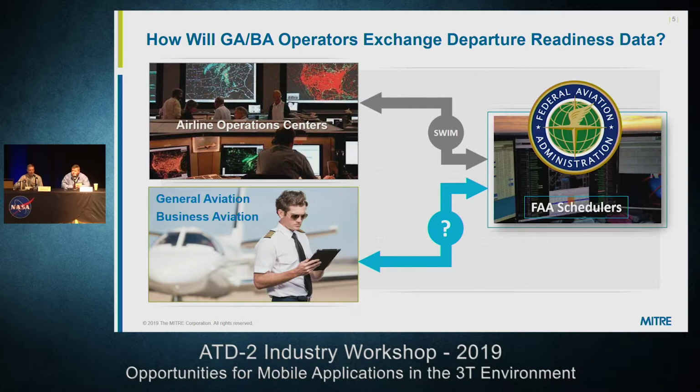Right now, the airlines are using their operation centers and are connecting to SWIM to send this information to the FAA, or in the case of ATD-2, to NASA by way of SWIM. We're looking at how GA could participate in this, because they don't have large operation centers or big IT departments. So we really needed a solution that was more lightweight and more conducive to low volume operations.